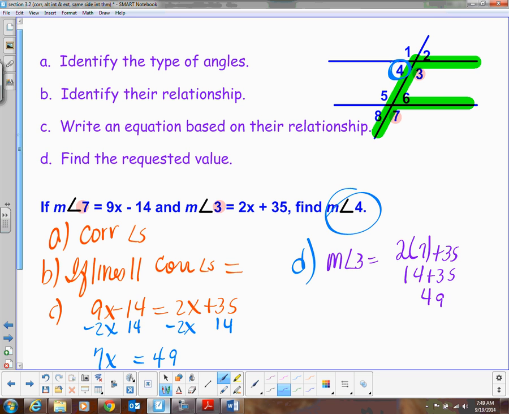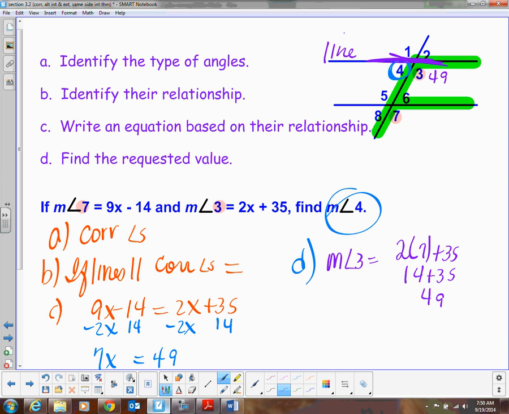Now, if this is 49, how am I going to get the measure of angle 4? Bree? What's the relationship? Is an obtuse angle congruent to an acute angle? What do the outside sides form? A line? Isn't that a line?